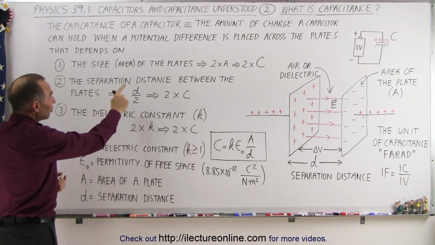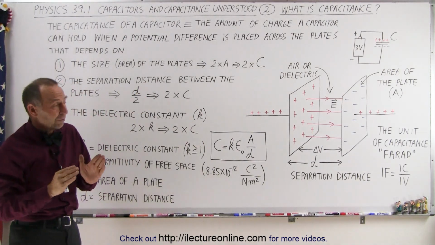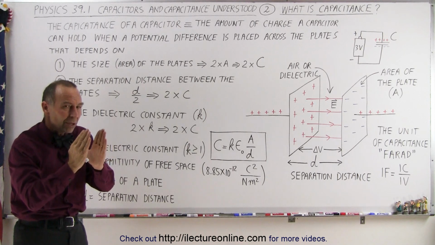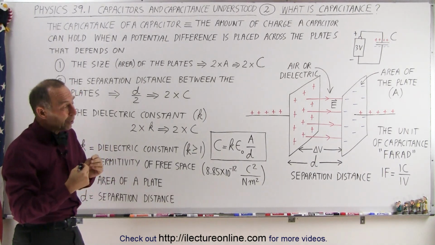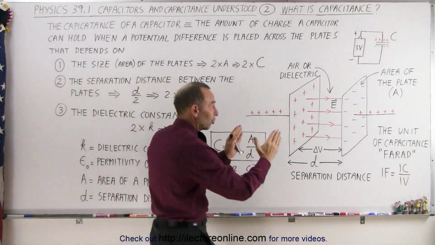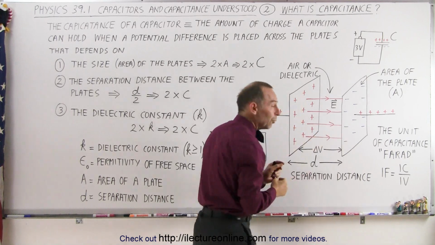Secondly, the separation distance between the plates. Here it's kind of non-intuitive. It turns out the closer you bring the plates, the more charge you can store on them. In a way, it does make sense because the closer you bring the plates, the more effect the charges will have on one another.